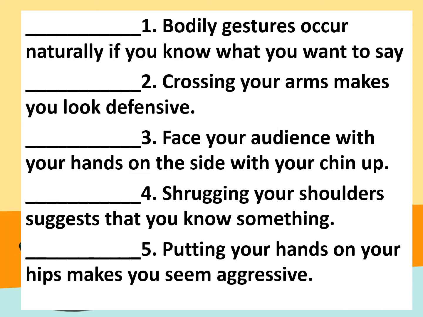Number 2. Crossing your arms makes you look defensive. Number 3. Face your audience with your hands on the side with your chin up. Number 4. Shrugging your shoulders suggests that you know something. Number 5. Putting your hands on your hips makes you seem aggressive.